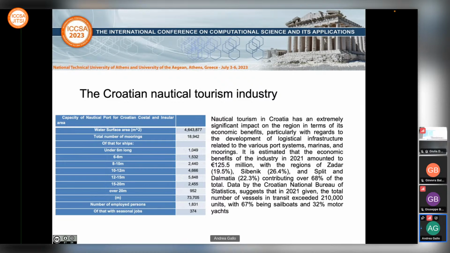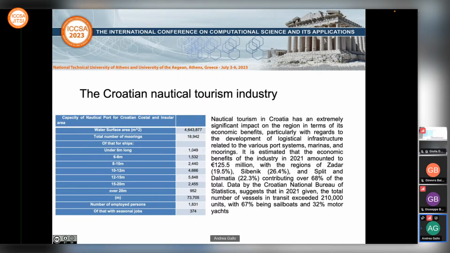So it is a lot. It is really, really a lot. We could see that the Šibenik region and the Split and Dalmatian region handle more or less 50% of the total flows of the touristic ships of this zone.